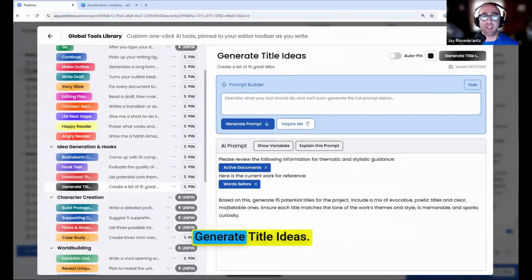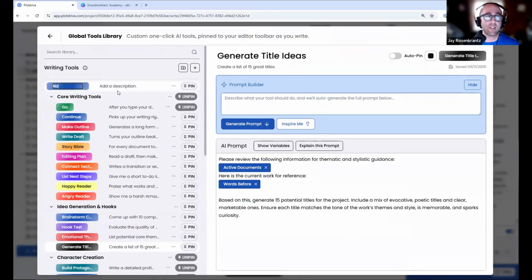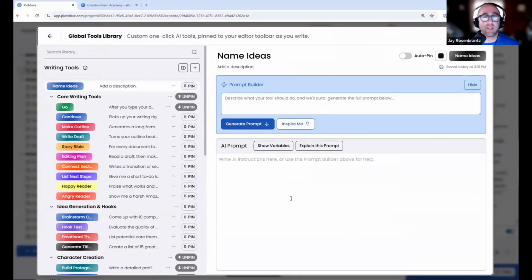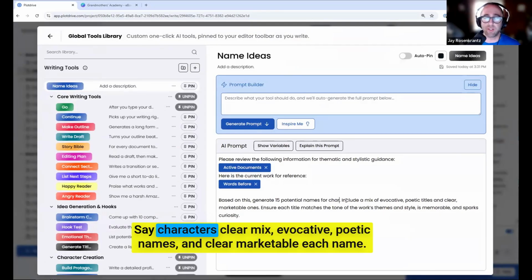Also, there's one here, generate title ideas. We can make generate name ideas. I can just paste this in. Say characters.